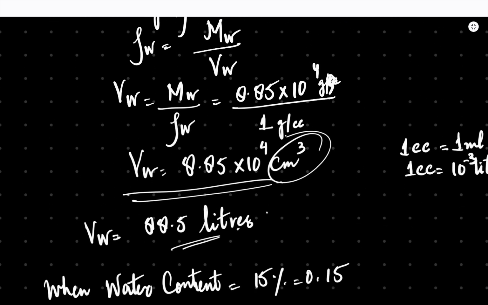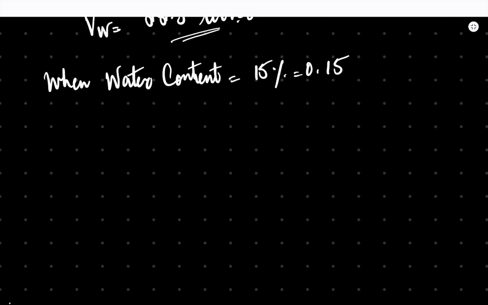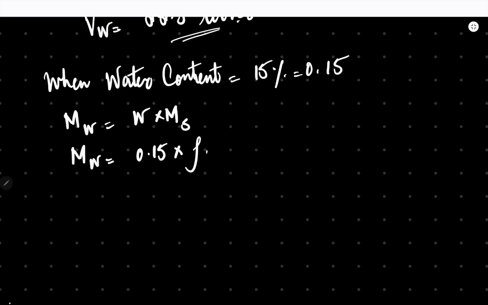So mass of water is water content multiplied by mass of solids. Mass of water is water content 15%, soil solids, I'll be using the same dry density multiplied by the volume that we used earlier.